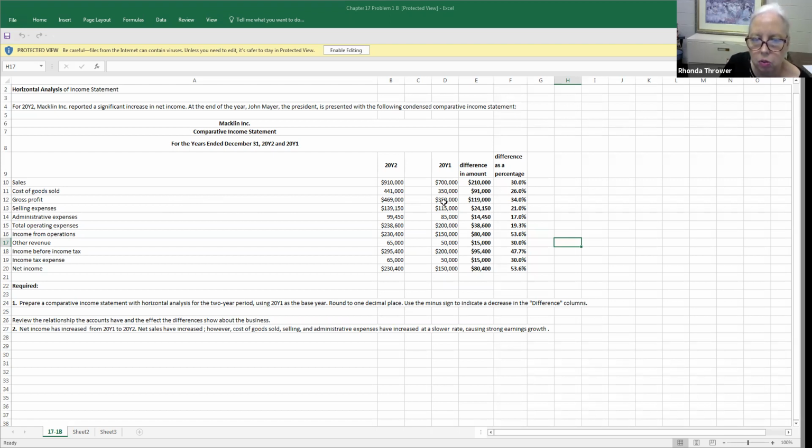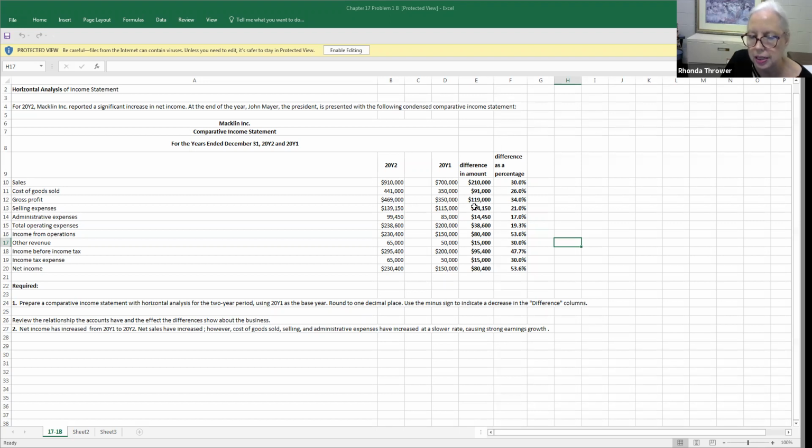And to save us some time today, I'm not going to do every single one of these with you. It's simply taking the difference between the beginning year and the ending year to determine whether there was an increase for the year or a decrease for the year. It's obvious with this one, it's 350,000 in year one compared to 469,000 in year two.